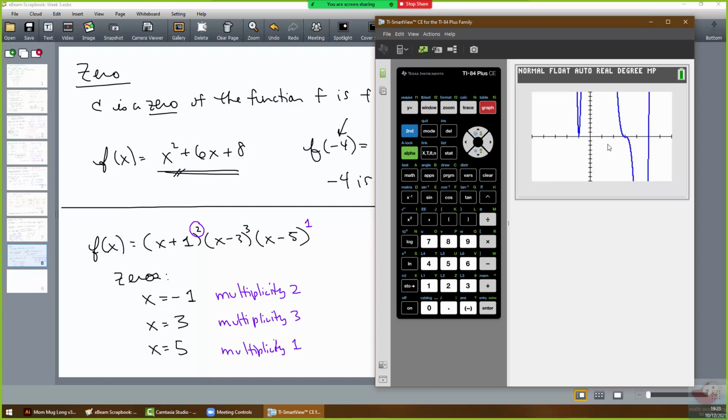I want you to try to generalize here. It's a little bit of a jump. Something happened at -1 that was different than what happened at 3 and 5. What did the graph do to the x-axis at -1 that it didn't do at 3 and at 5?